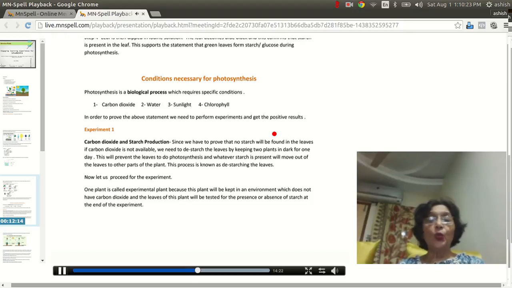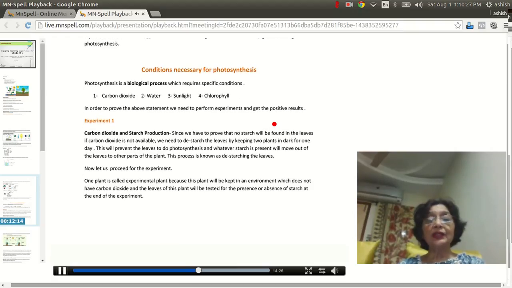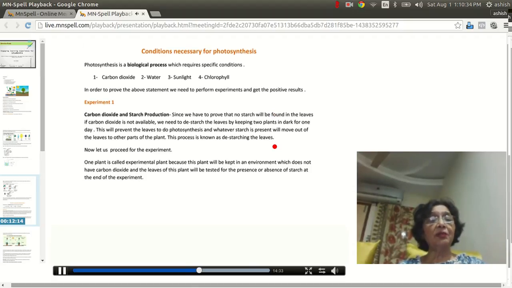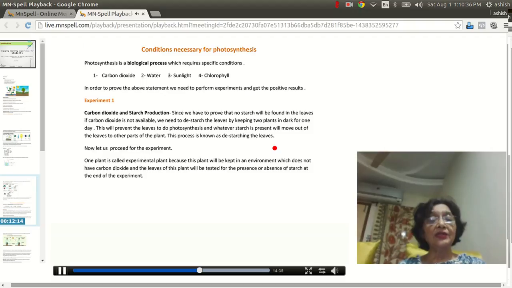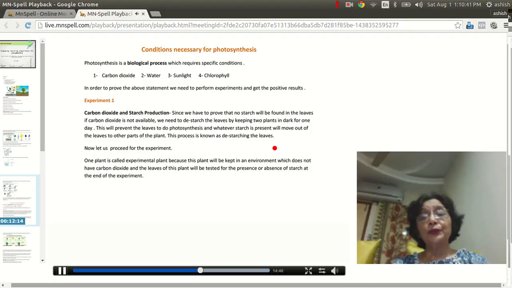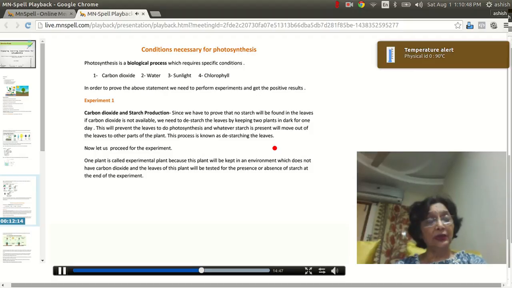Now, whatever I have said, I need to prove it. Unless and until I prove it, it's not worth believing. So my experiment number 1: carbon dioxide and starch production. We have to prove that no starch will be found in the leaves if carbon dioxide is not available.